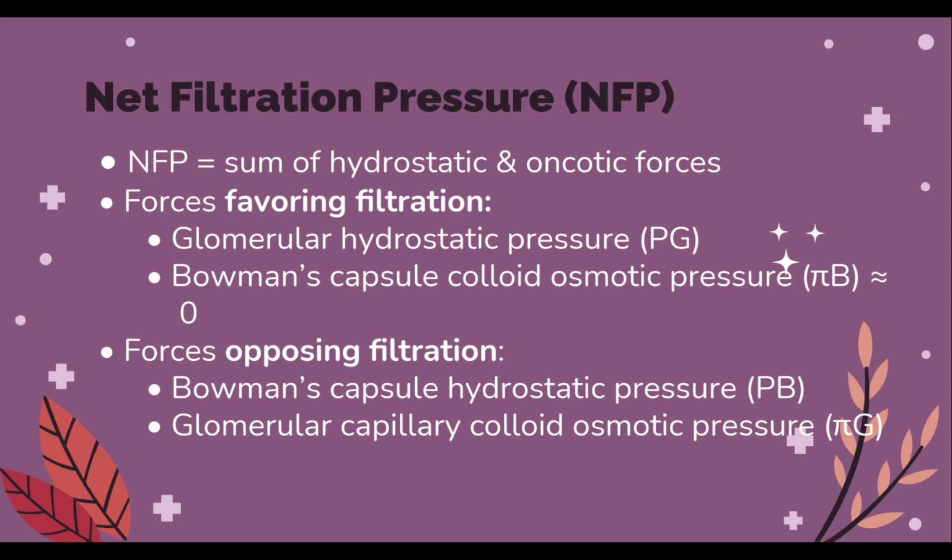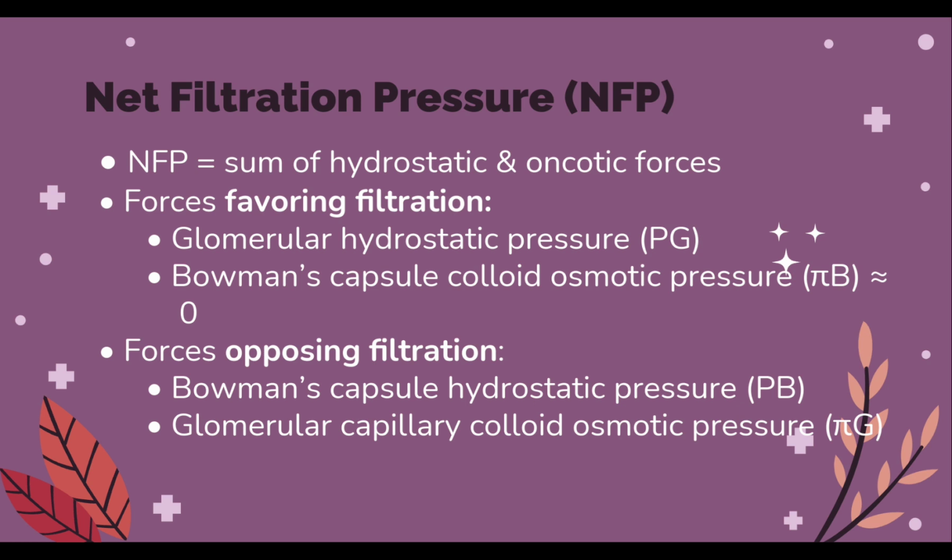Net filtration pressure, as I told you previously, is the sum of hydrostatic and oncotic forces. When we talk about the hydrostatic and oncotic forces, there are forces which favor filtration and forces which oppose filtration.